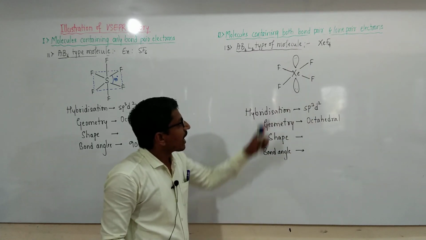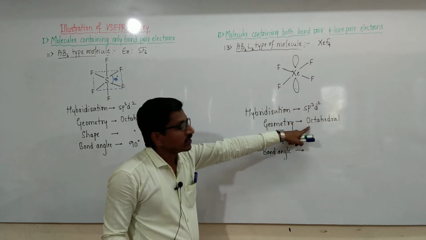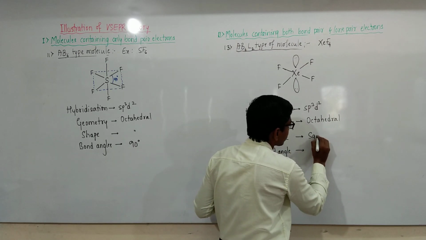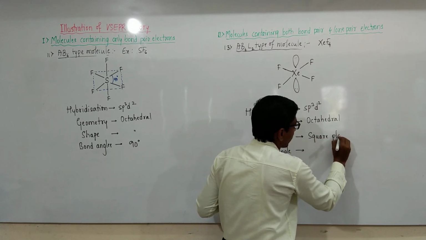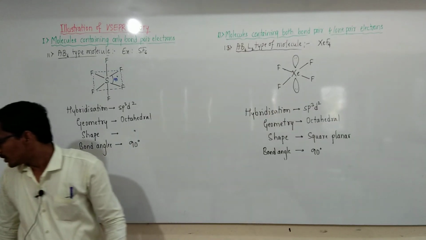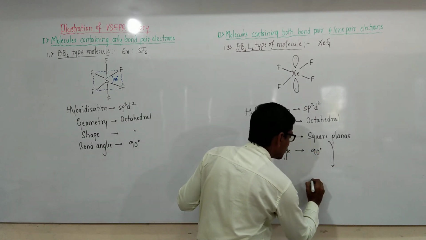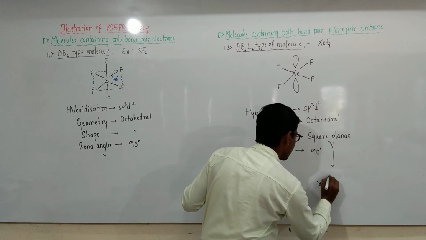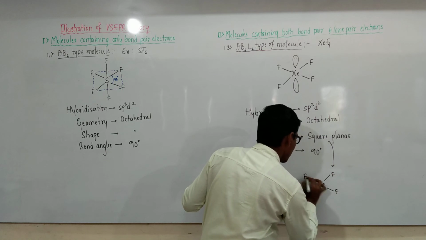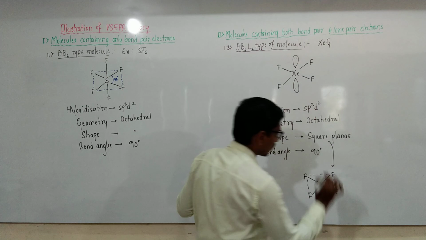The central xenon has hybrid state sp3d2, geometry is octahedral and shape is square planar. Bond angle is 90 degree, and the square planar geometry is represented like this: F, F, F, F. This is the square planar geometry.